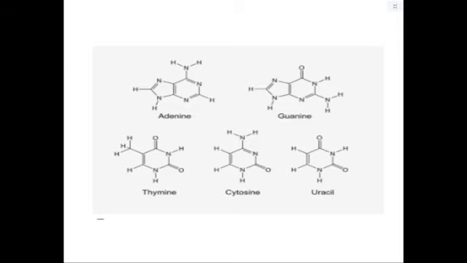Number two, they must separate, so that one of the strands will act as the template during the replication. So once you do not allow them to uncoil and separate, then you will have a problem in the DNA replication, and a problem in mitosis.